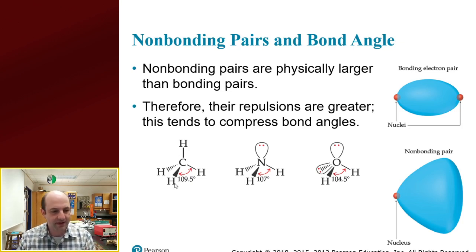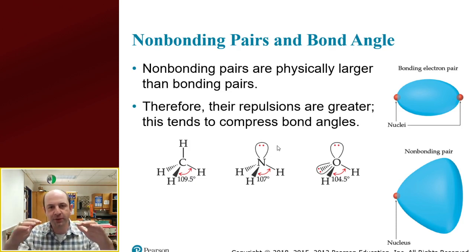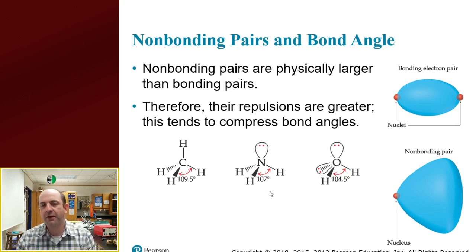So methane, because everything's a bond, is about 109.5. Because ammonia has this one non-bonding pair, we say, oh, it squeezes the others close together, and now they're only 107. And then we say, oh, water has two non-bonding pairs. They squeeze things together more. So now instead of 109.5, it's only 104.5.